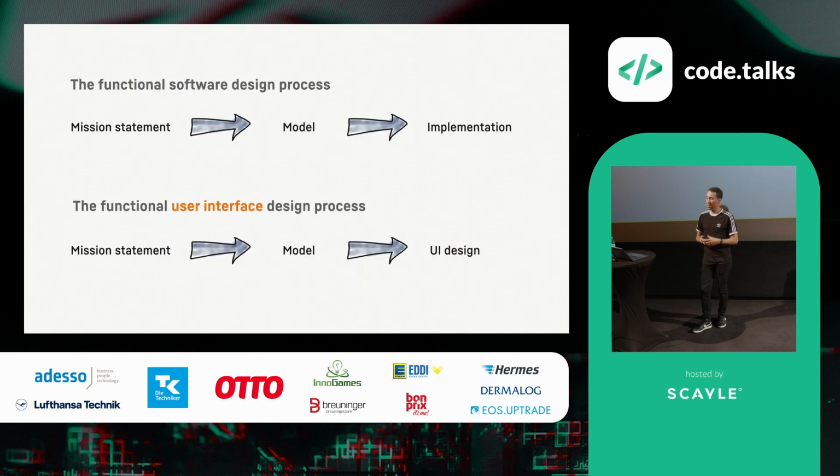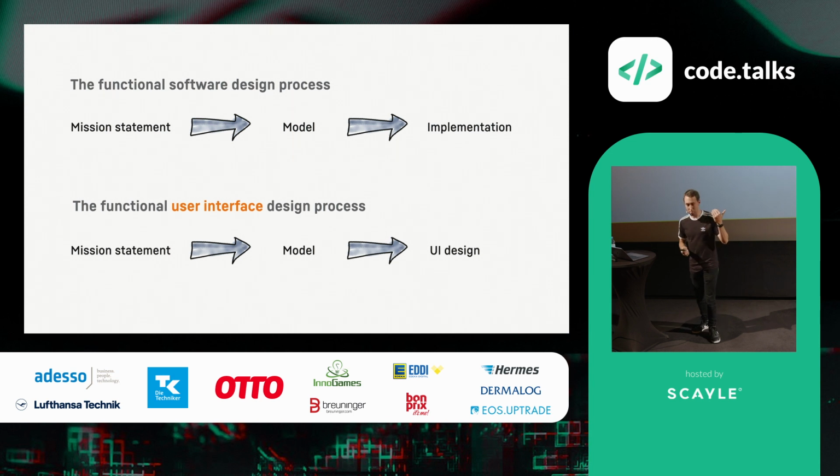Now that was the functional software design process, or some details of that, where we take a mission statement, we produce a model, and only then derive an implementation from that. Now I want to propose today that we can use that for user interface design as well.